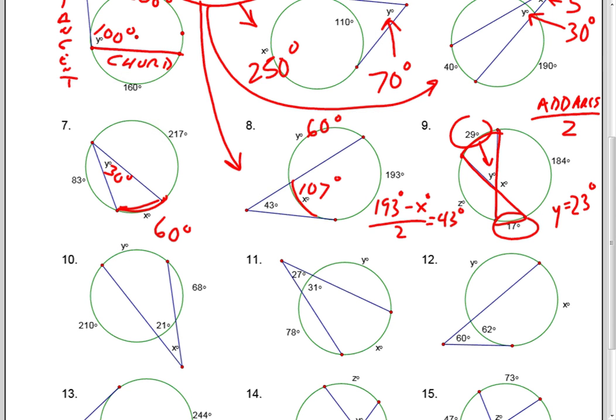And once I have 23, I can do a linear pair with the x. That's going to give me 157. Question, Taylor? Oh, there's a z on there, and z turns out to be 130.